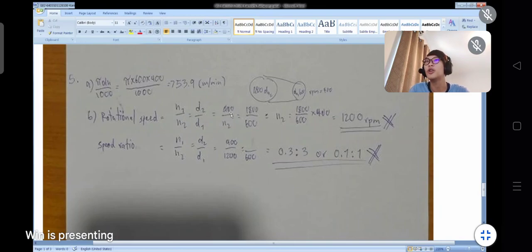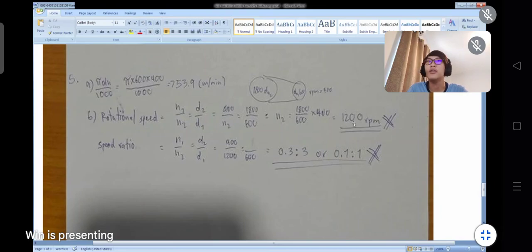N1 is 400, D2 is 1800, D1 is 600. And we transfer this over to the other side so we can find N2, and times it together, you get 1200 RPM.